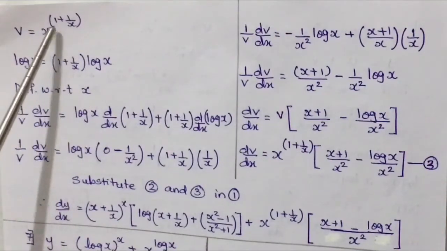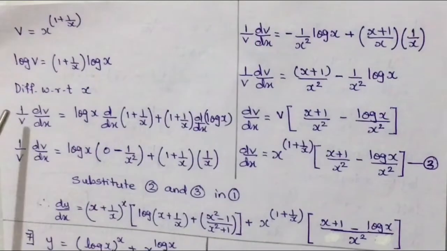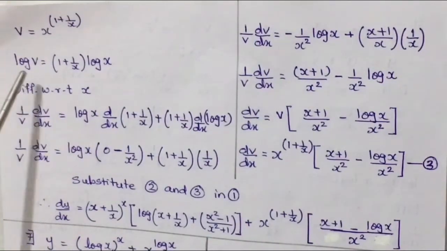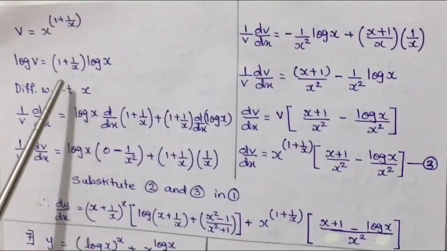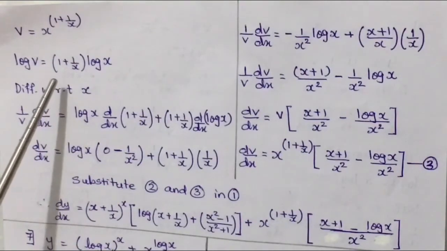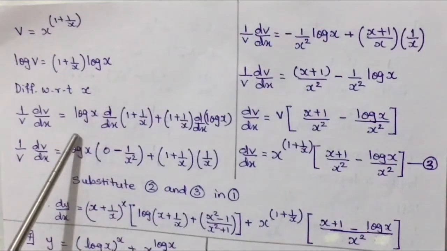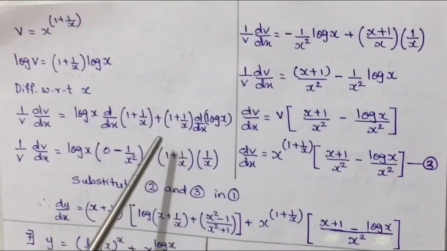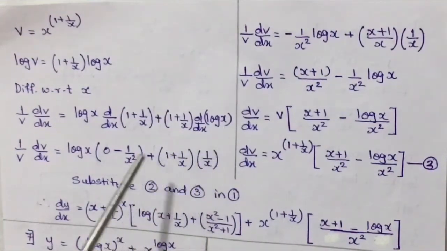After bringing 1 plus 1 by x down by taking log, we'll differentiate with respect to x. So log v differentiation will be 1 upon v dv by dx. We'll make use of the multiplication rule here. First, taking out the derivative of 1 plus 1 by x, log x is as it is, plus keeping 1 plus 1 by x as it is, taking out the derivative of log x.